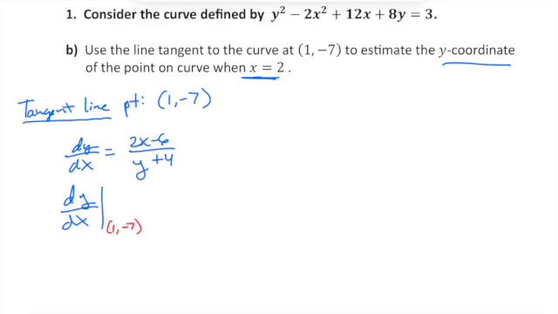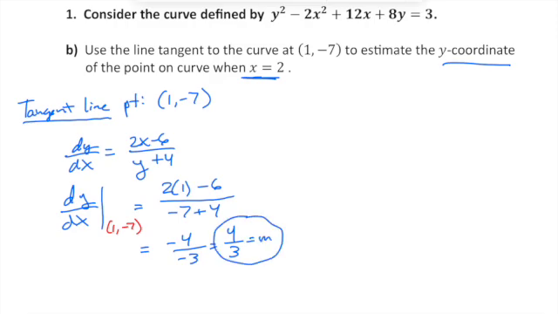So I'm going to substitute. Just be careful. You plug 1 in for x and -7 in for y, and that reduces to -4 over -3, or positive 4/3. That is the slope of your tangent line.